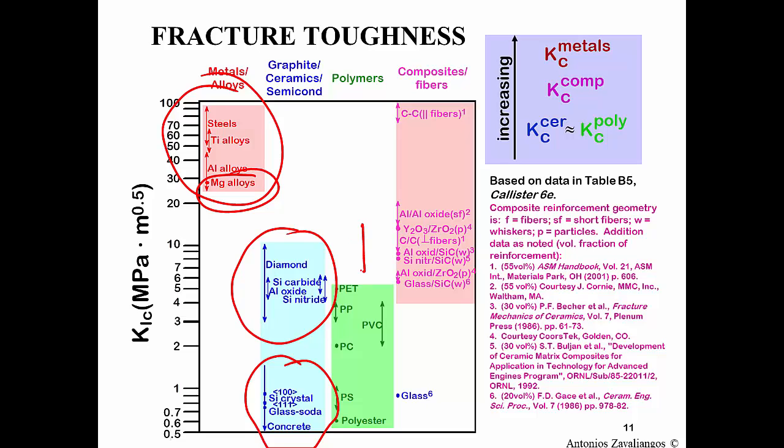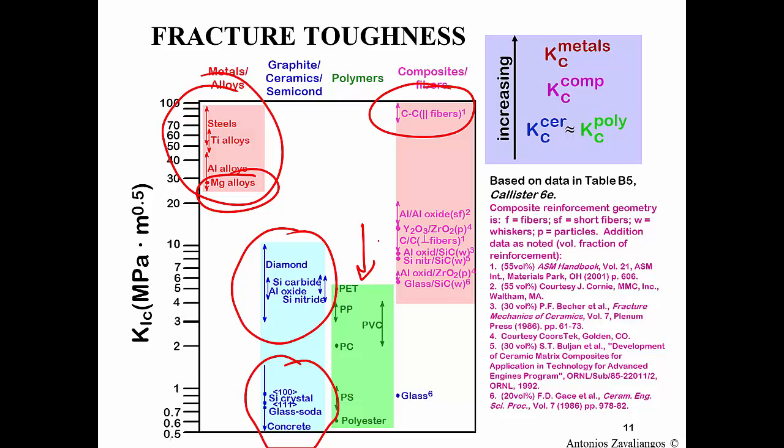There is a class of ceramics, the so-called technical ceramics, that have slightly higher fracture toughness. We have silicon nitride, aluminum oxide, silicon carbide, and of course diamond. But still, their values are almost an order of magnitude lower than those of metals. Similarly, polymers are not very good in terms of fracture toughness. The compromise is that composites in the direction of the fibers can have very high fracture toughness, and that's why when we want to use something light but for structurally demanding operations, we have to use uniaxial composites.